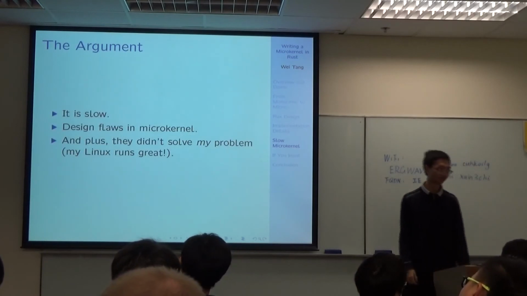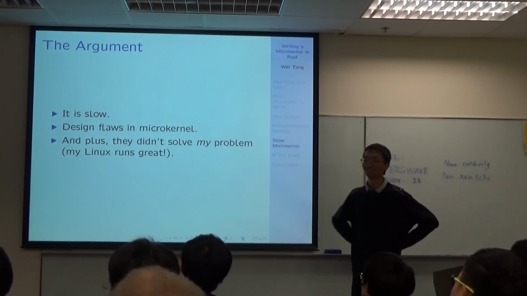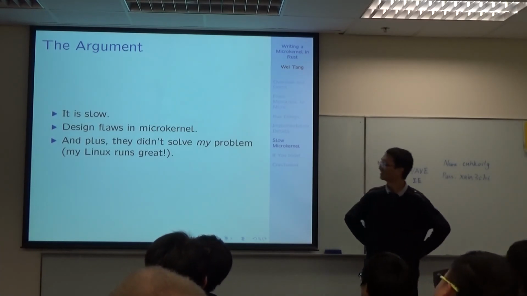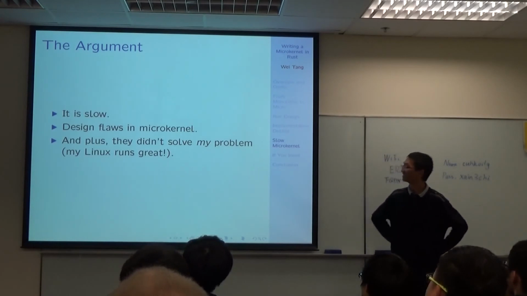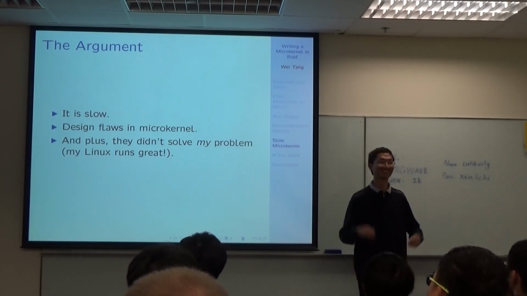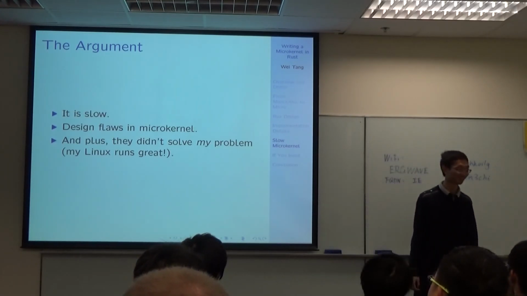So the argument is basically that it is slow, and there are also design flaws in microkernels. And people later say they don't solve my problem, because my Linux runs great, and they just don't care about my laptop randomly crashing.